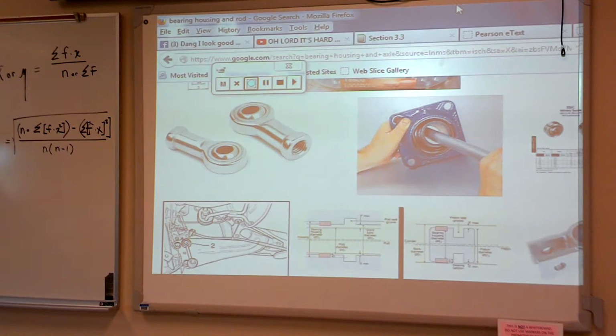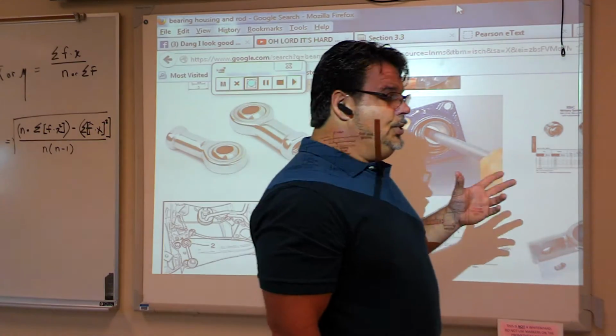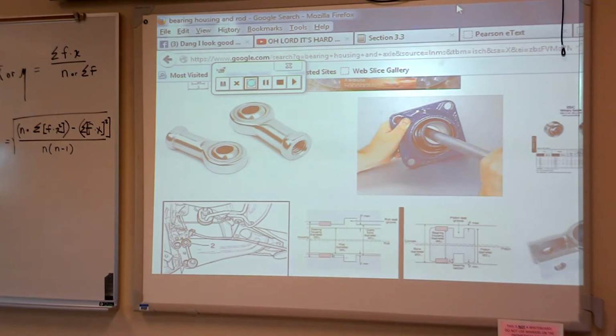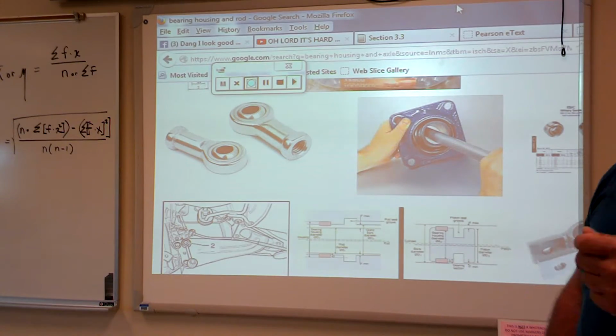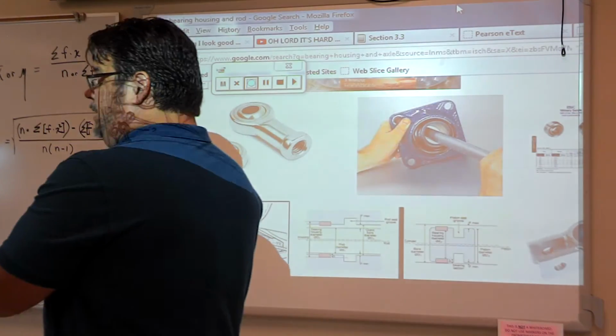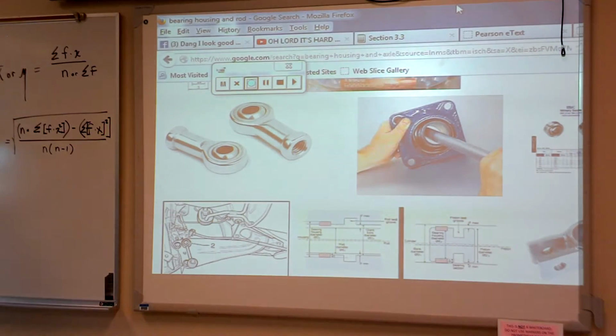What does that mean when it's your data? All over the place. Okay? It's not tight. Tight is when you have a bearing and the axle, you have to actually take a rubber hammer and a socket and tap the bearing onto the axle because of what? Some of you mechanical people.